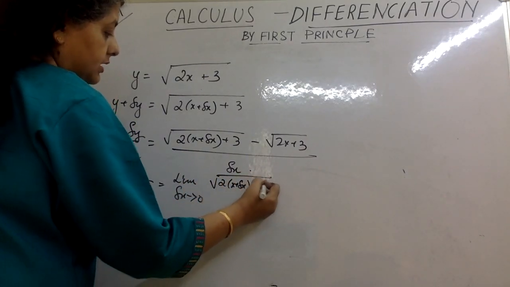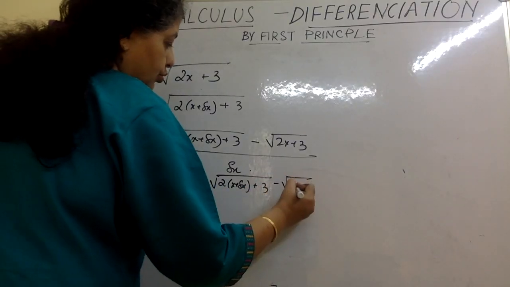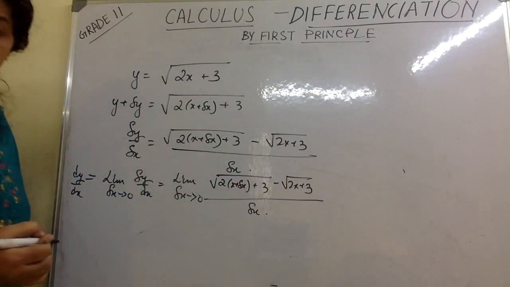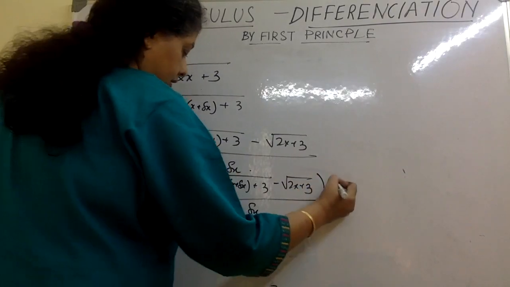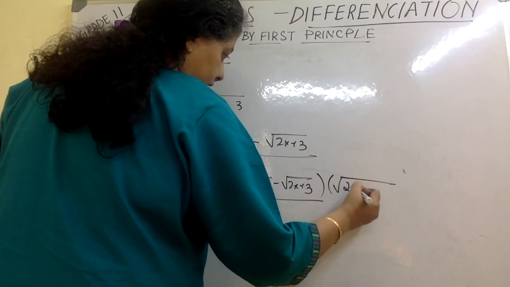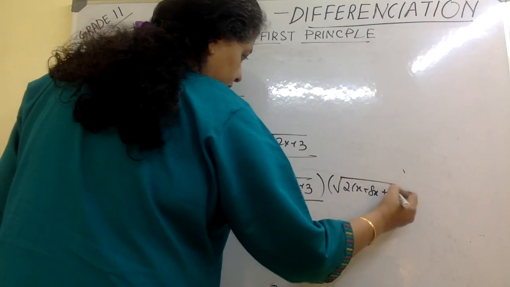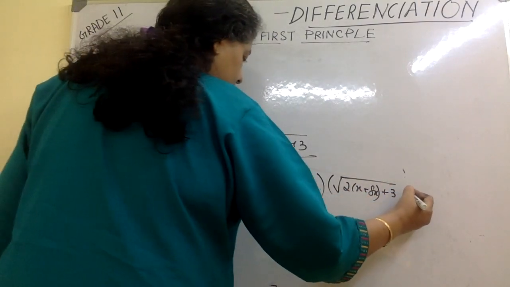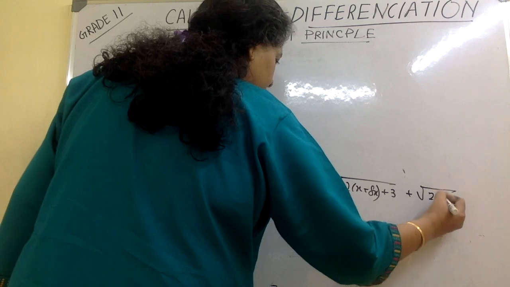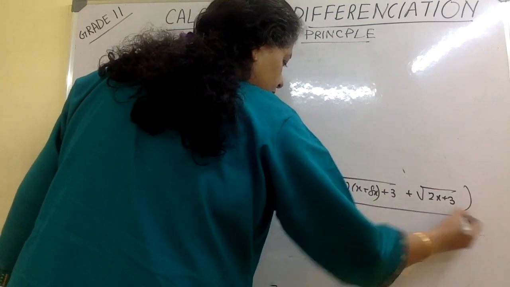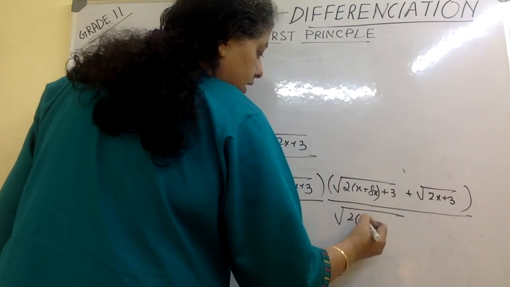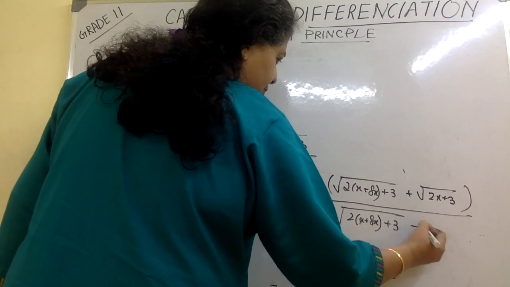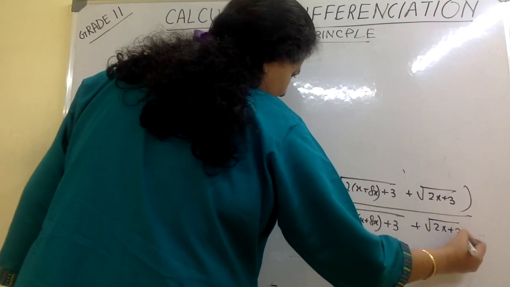Let's see. Root 2x plus del x plus 3 minus root 2x plus 3, here we have a del x, and we will take root 2x plus del x plus 3 plus root 2x plus 3, over root 2x plus del x plus 3 plus root 2x plus 3.